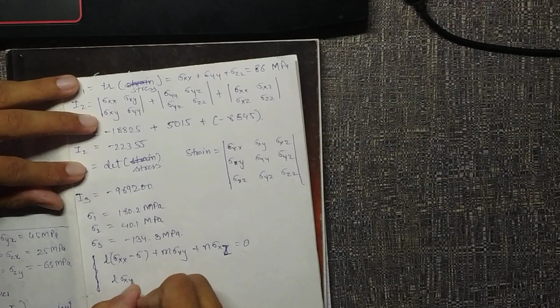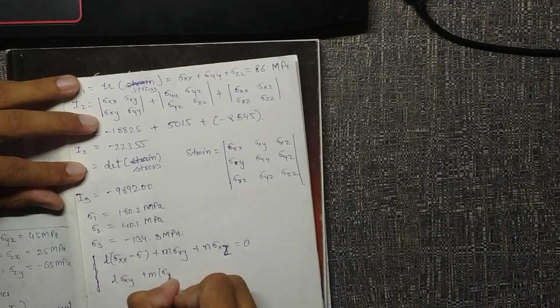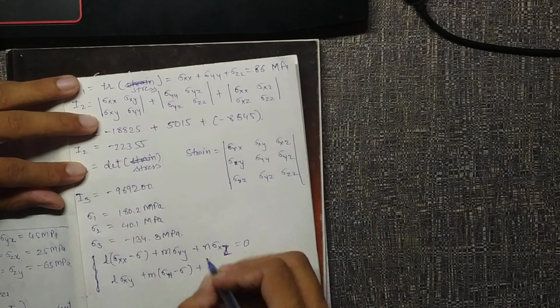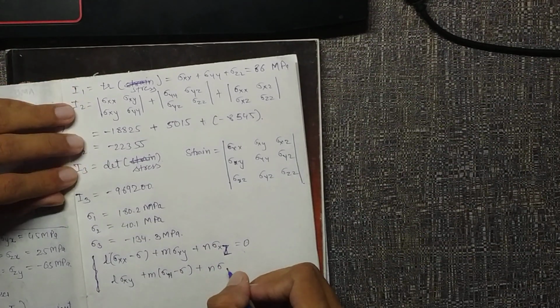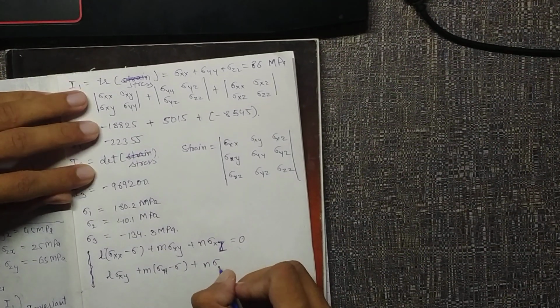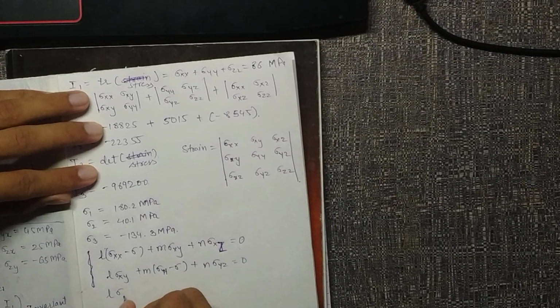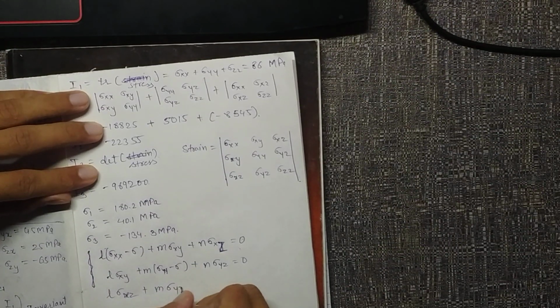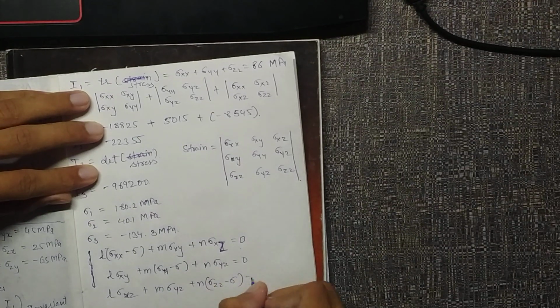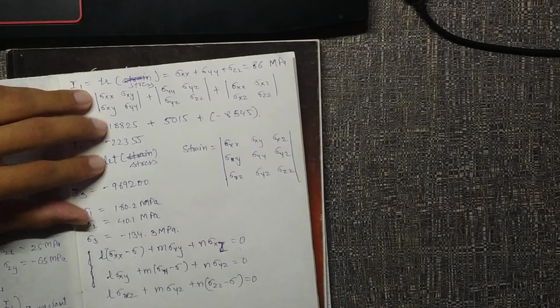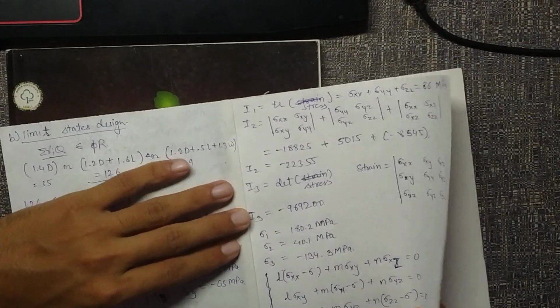L sigma xy plus m sigma yy minus sigma, plus n sigma yz equal to 0. L sigma xz plus m sigma yz plus n sigma zz minus sigma equal to 0, where these sigmas are to be used as sigma 1, sigma 2, sigma 3 individually every time.